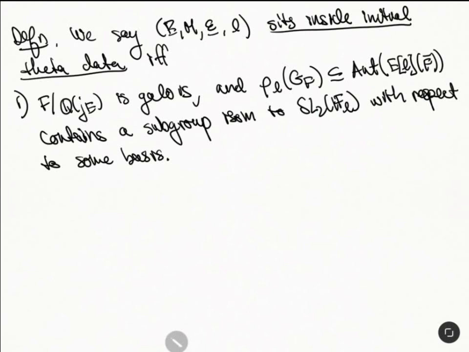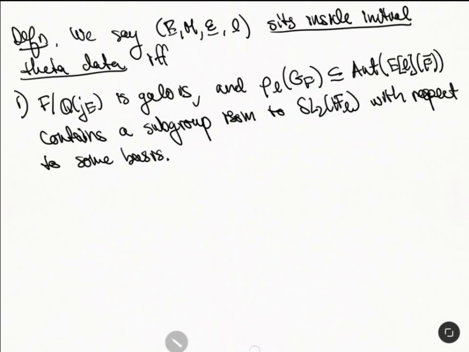So this, for example, rules out the elliptic curve having complex multiplication, because the image of this Galois representation will be abelian if it has complex multiplication, and this is not an abelian group.